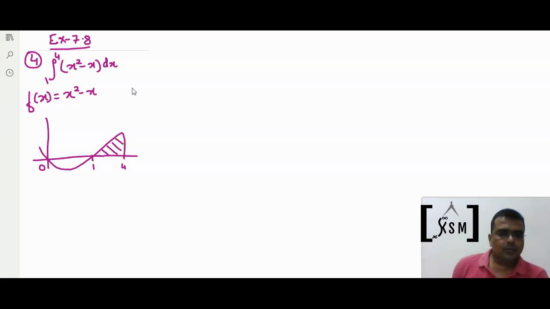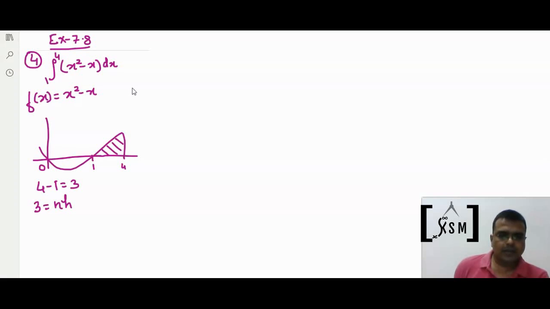So the job is, from 1 to 4 the interval is 4 minus 1, which is 3, and this interval we will divide into n number of rectangles whose width would be h. Each rectangle's width would be h. So basically 3 will be equal to n times h. n is the number of rectangles and h is the width of each rectangle.